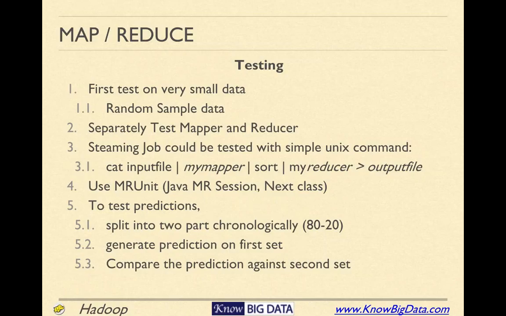Let's say you're using a tool called Mahout. Let the prediction come and then compare the result against the second part of the data. Basically, it's like asking an astrologer about the past in order to validate whether the astrologer is able to predict anything or not. All right. So this is a very important way of testing any hypothesis or any prediction.